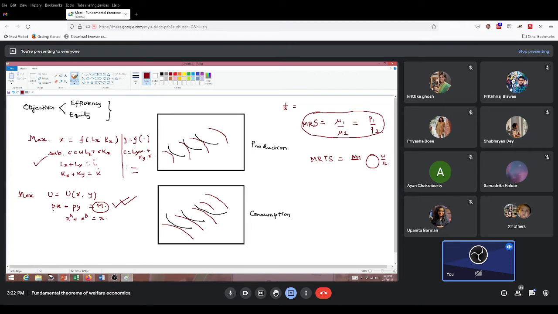The firm is trying to maximize something, the consumer is trying to maximize something, but are they concerned about themselves or about society or the other consumer? So themselves only. They are concerned about only their own utility in case of a consumer, and in case of a producer, only their own profit.